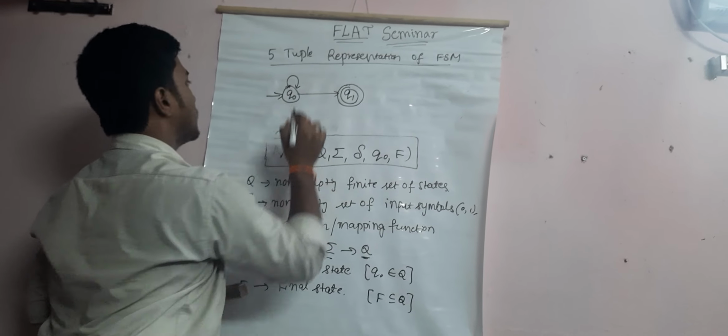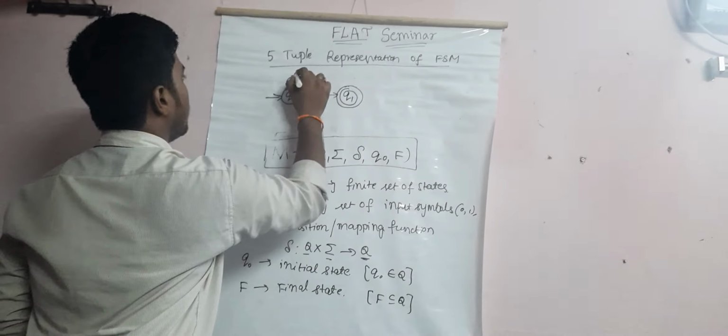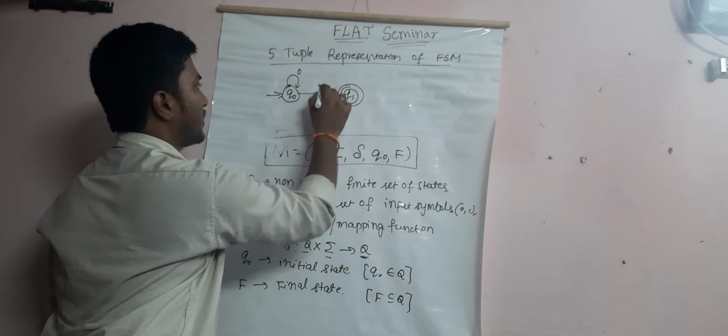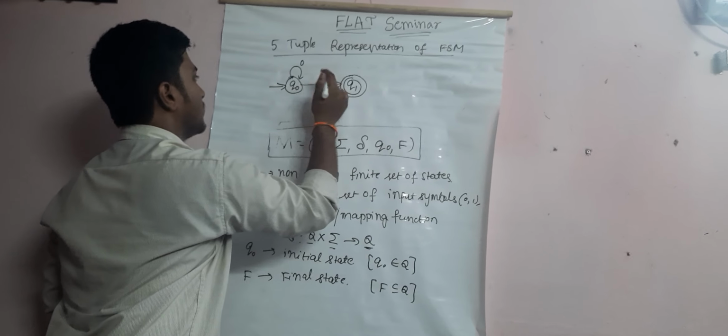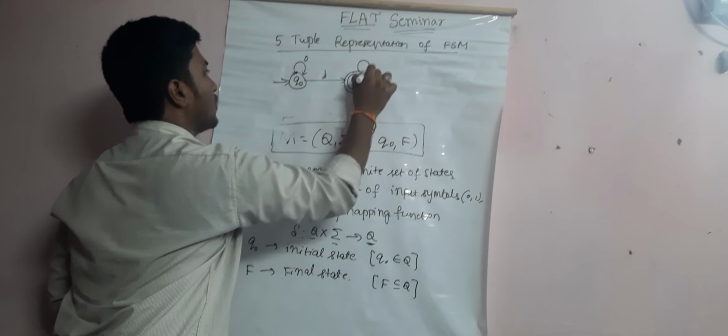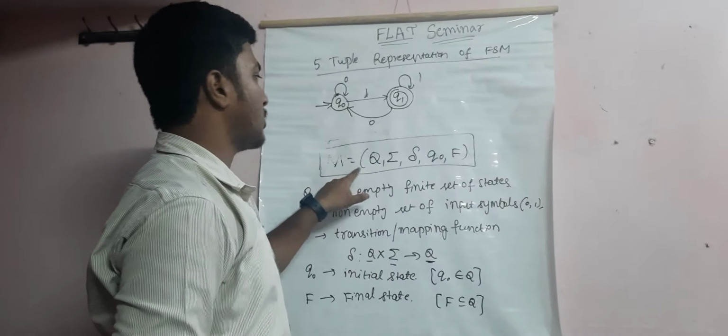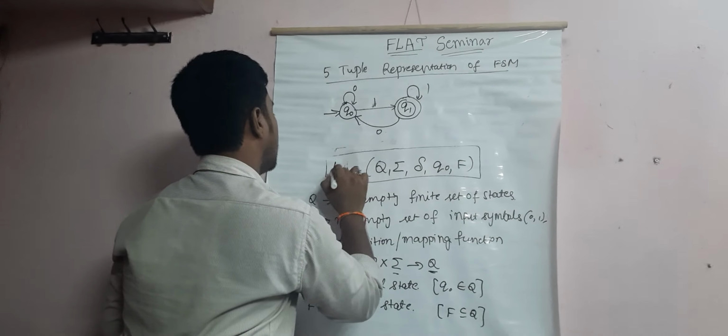If I give 0 to the initial state Q0, it will remain there only. On 1, it transitions to the second state, and here 1 and here 0. Now let us denote all these terms for the above example.